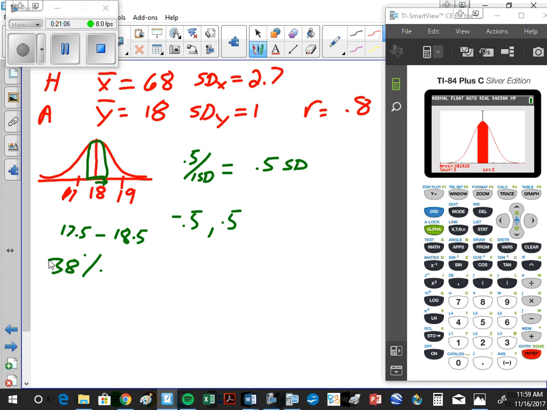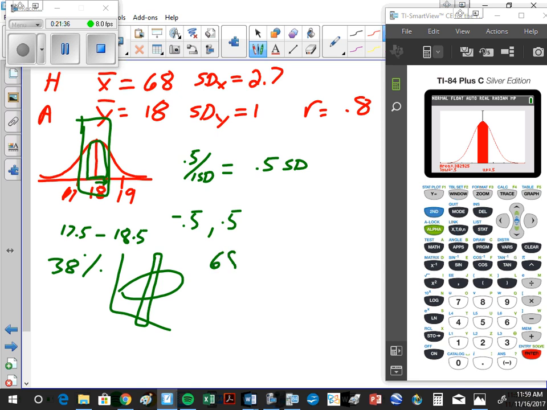Okay, so the next part says, of 68 inches tall, which percent have forearms? So that's 0 SDs. If we look at this vertical strip, we are 0 SDs, so the averages are still the same.